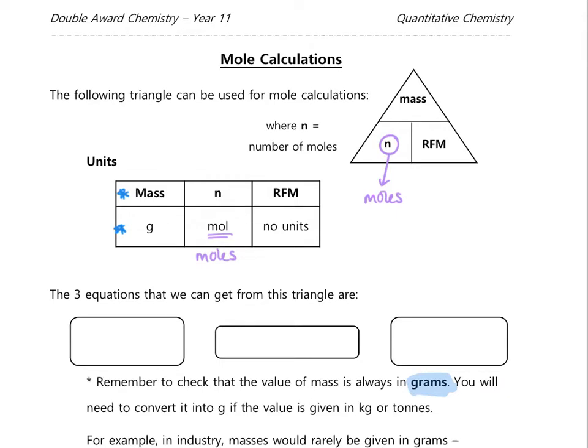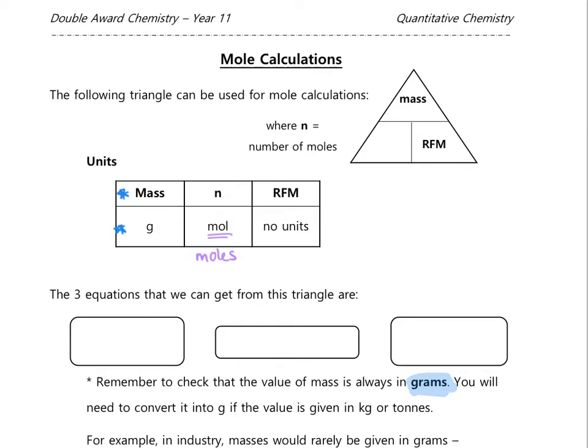So from the equation triangle we can get three equations. Hopefully you'll be familiar with how to use an equation triangle, but if you're not, let me take you through that now. To get an equation from an equation triangle, what you need to do is cover up the thing that you're trying to work out. So let's say I'm trying to work out N. Let me cover over that.